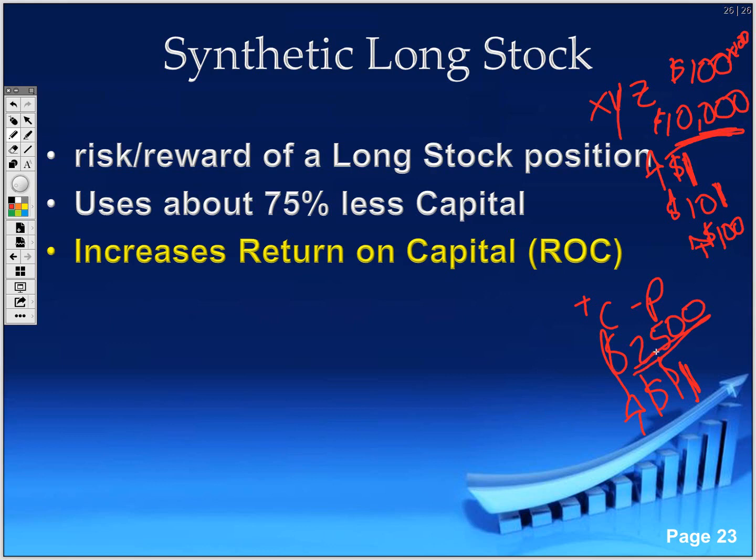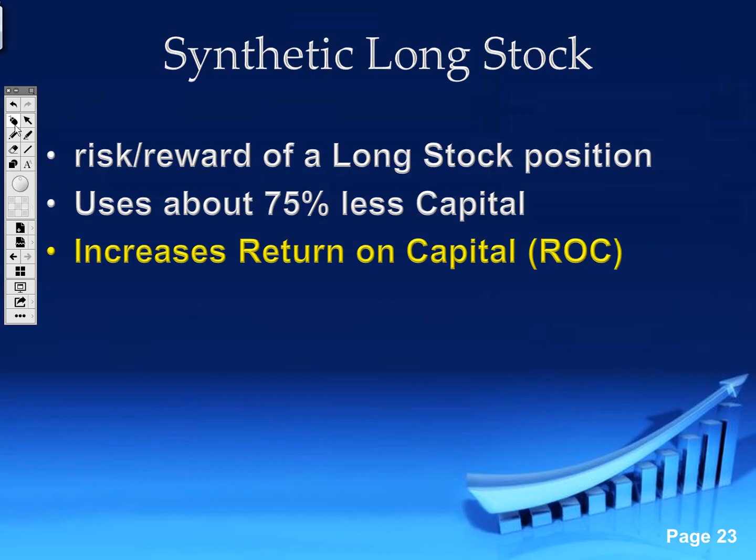So my return on $2,500 is this dollar. My return on $10,000 up here is this dollar. So the return on capital is better down here. Getting a little crazy with my marker, sorry. But you can see that's why the return on capital is much better using these options.